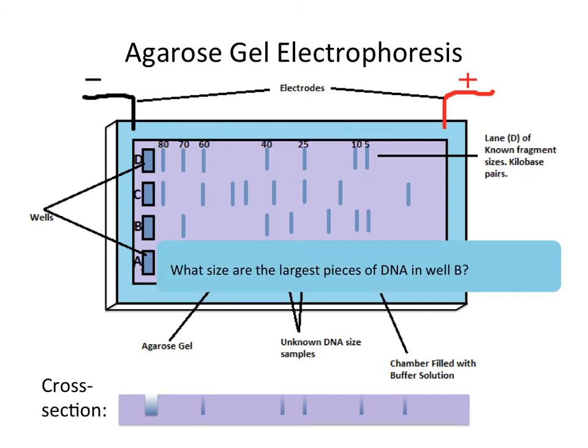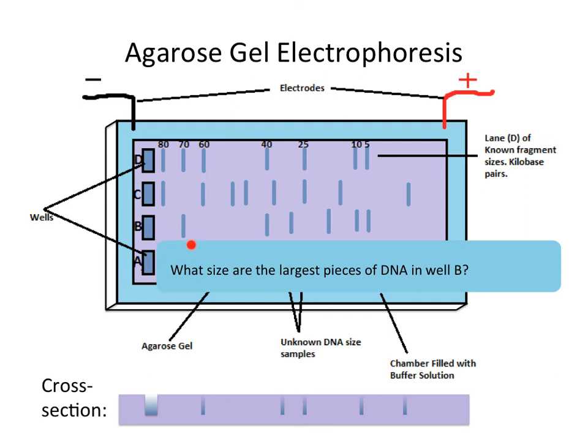So I told you, the only information we get out of PCR with gel electrophoresis is relative sizes of pieces of DNA. So now look at well B. What's the largest piece of DNA in well B? Is it on the left side or the right side?